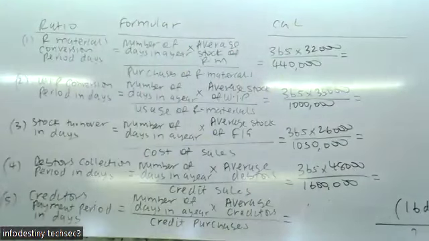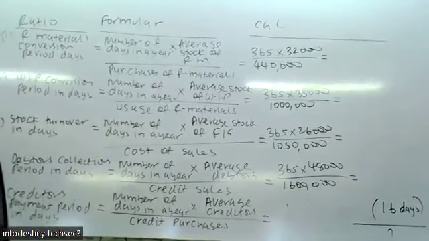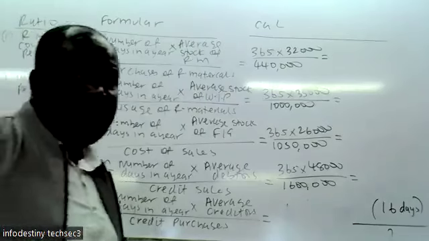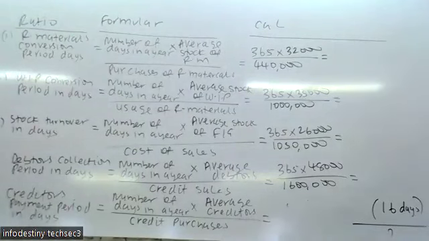So we simplify it in that portion, then you add the first 4, then you subtract the last one. So the first 4 we add, but the last one we subtract. So the 16 days were given, the credit period allowed to the suppliers. That one was given.